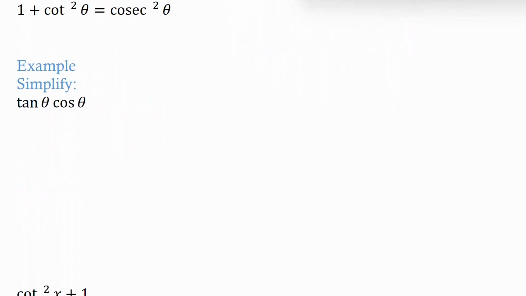Alright, so here we have an example. We have tan theta cos theta. You might look at it and go, well, I don't know what to do, I can't do anything there. So the goal here again is let's try to get things the same. I'm going to focus on the tan because I know tan can be converted into cos and sine. So remember, tan theta equals sine theta over cos theta. So that's what I can do.